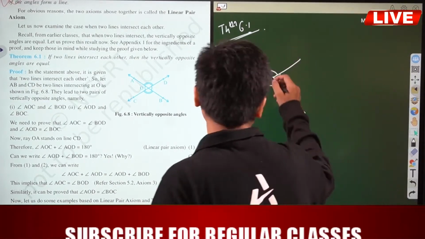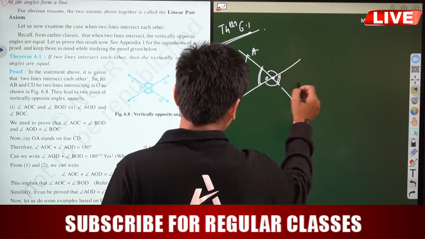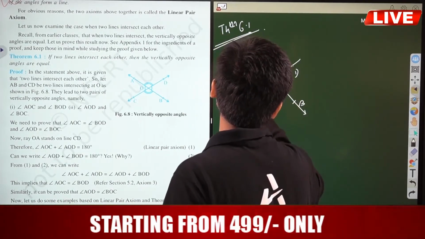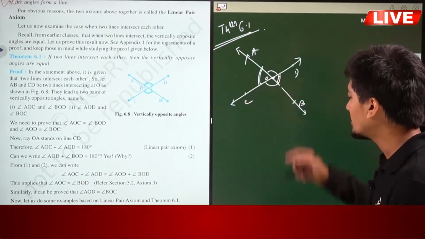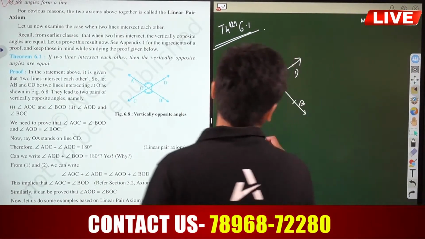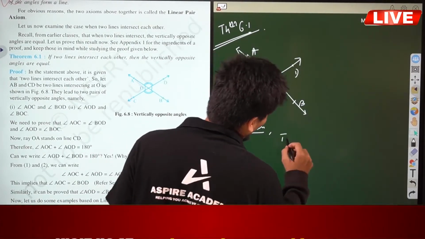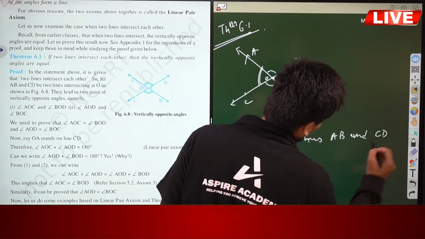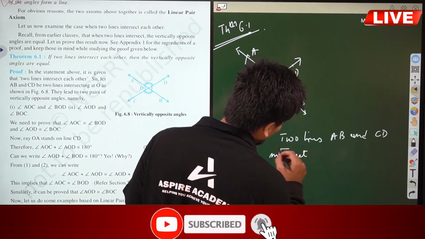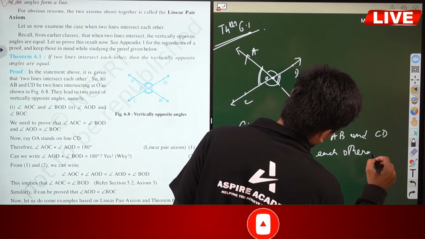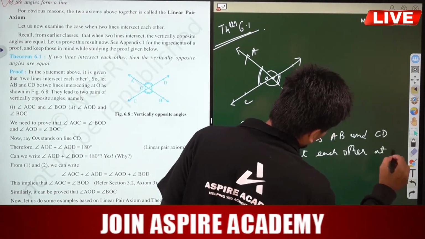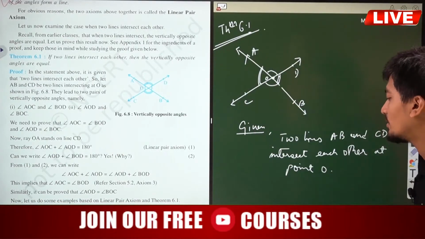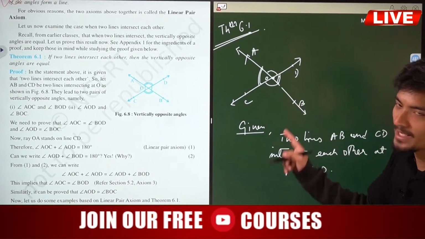Now let me mark it as A, B, C and D. These are two lines which intersect each other at point O. Given: two lines AB and CD intersect each other at point O. What we need to prove is that the vertically opposite angles are equal.